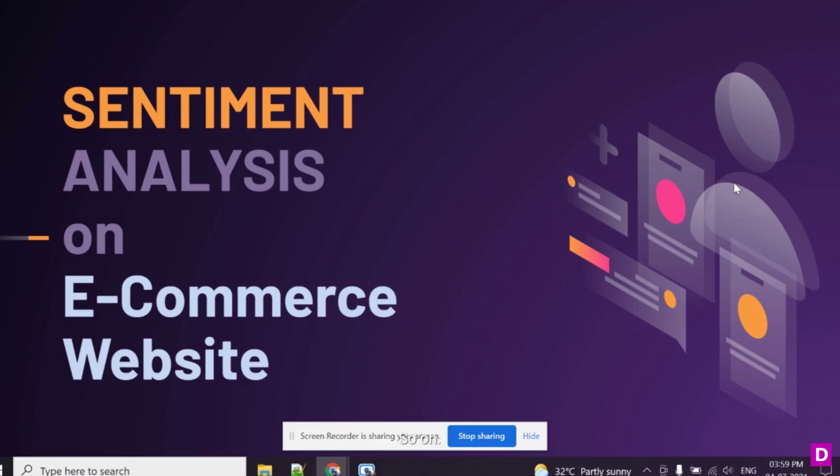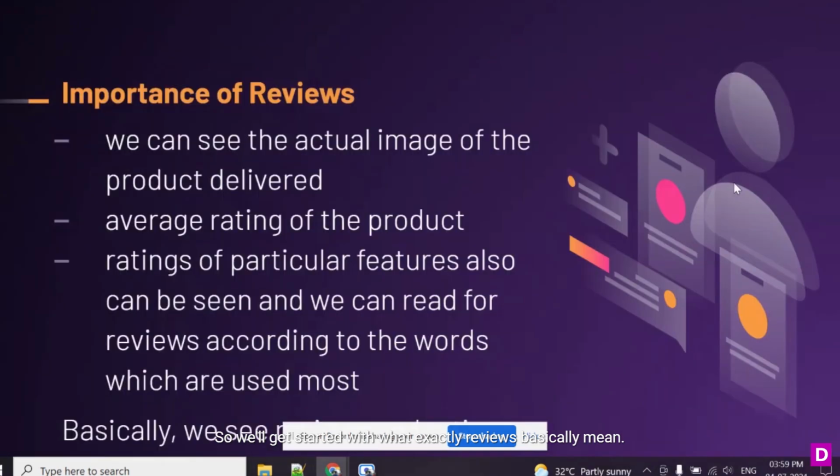So without delay, we'll get started with what exactly reviews mean. What is the importance of reviews? I will jump on to one website to explain it better.